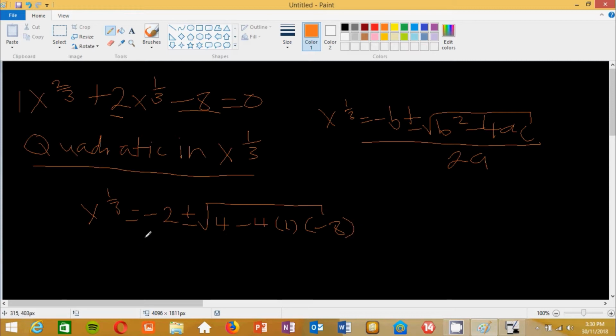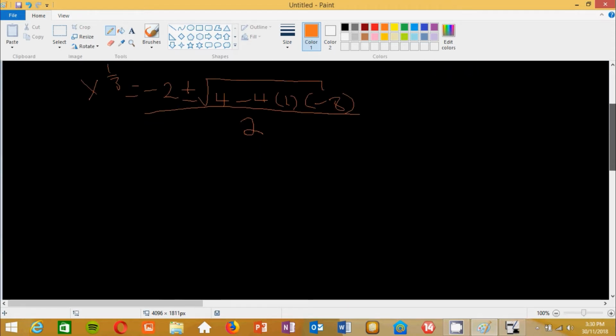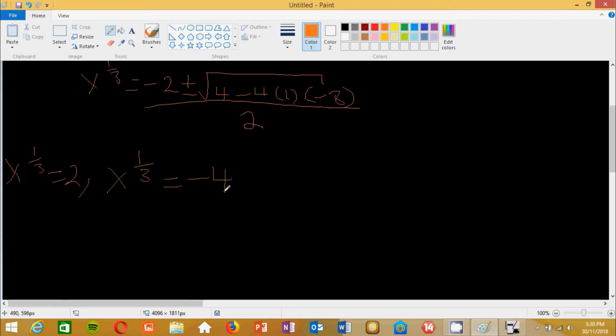And then this entire thing here over 2. So it is equal to negative 4. And from there, it's quite simple.